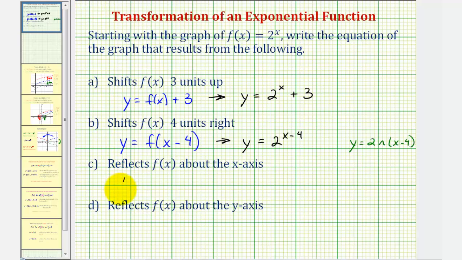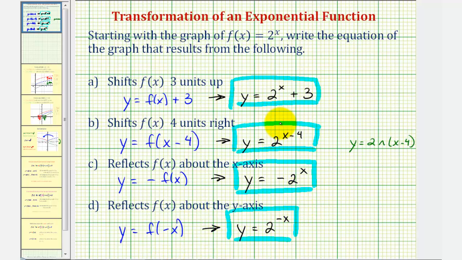So we would have y equals the opposite of f of x, which in our case would be y equals the opposite of 2 raised to the power of x. And then finally, to reflect the graph across the y-axis, we want to change the sign of the x-coordinates. So we would have y equals f of negative x, which in our case would be y equals 2 raised to the power of negative x.